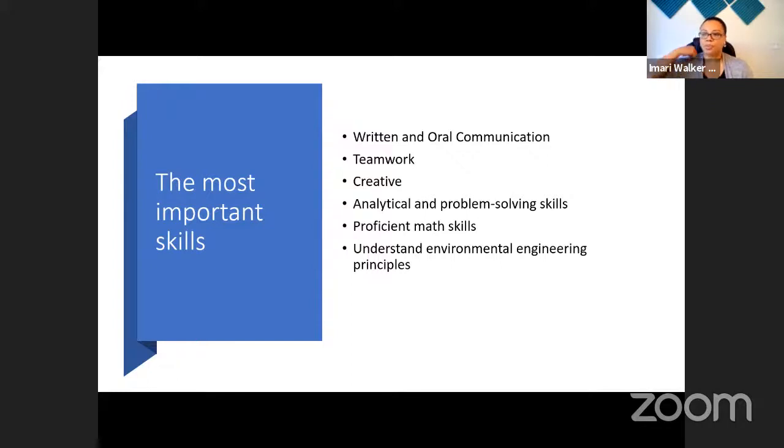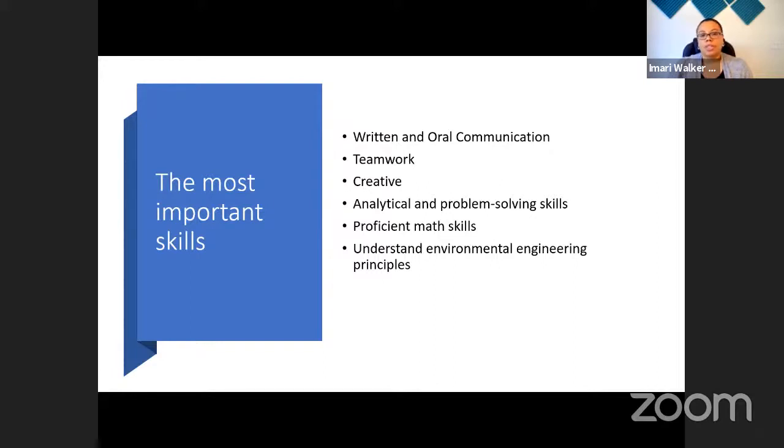So other skills. But I guess to finish off the math question, you don't have to love it, but you do need to understand why certain formulas are important. You need to understand how to apply them. You need to understand how to make assumptions to make them simpler. And as far as being good at it, there are lives on the line.